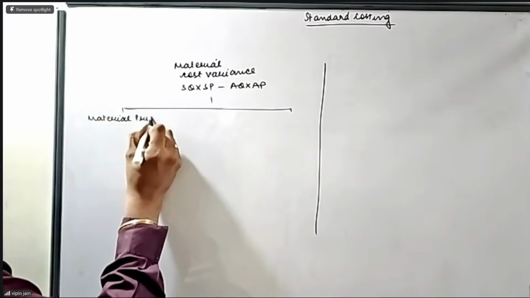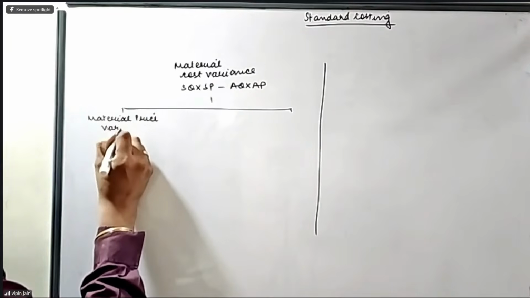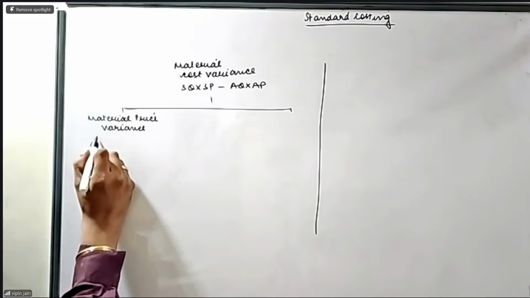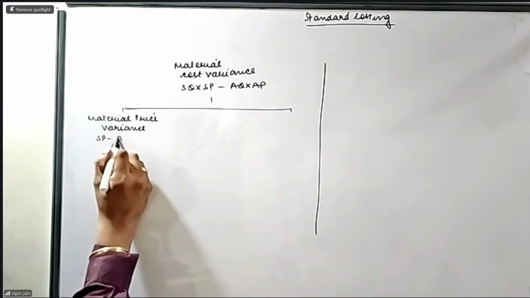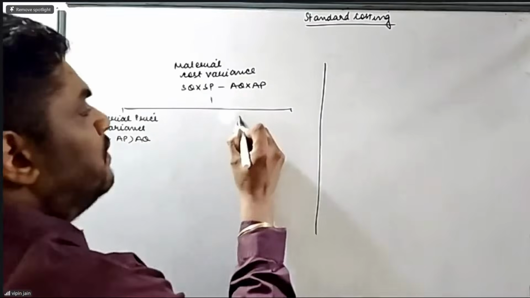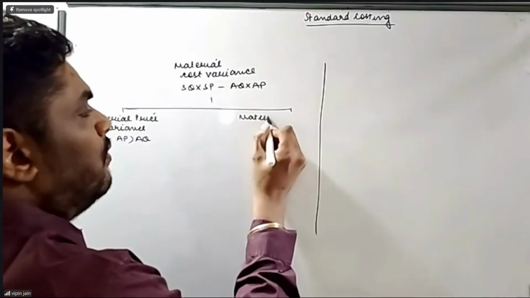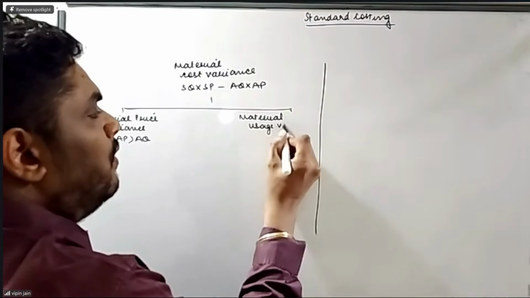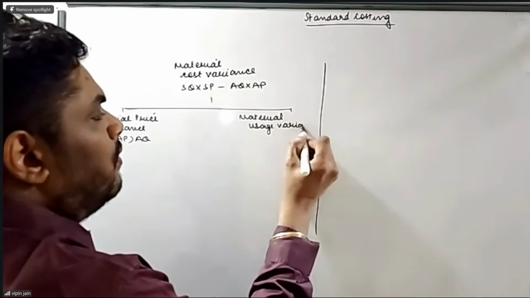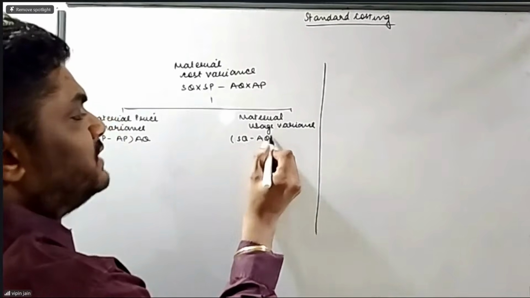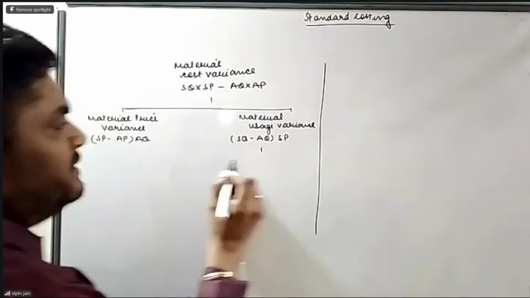Next was material price variance. That is again standard price minus actual price into actual quantity. Material usage variance. That is standard quantity minus actual quantity into standard price.